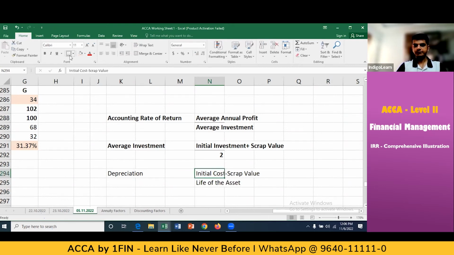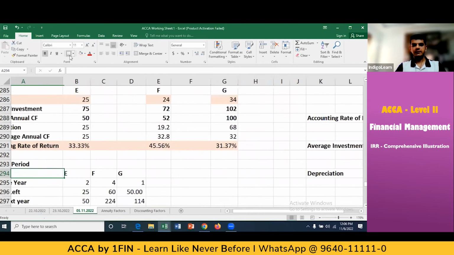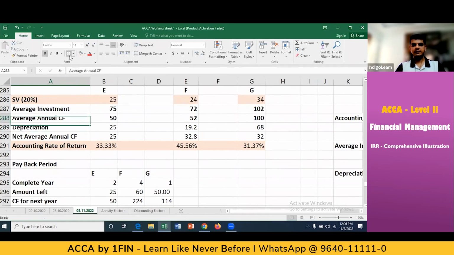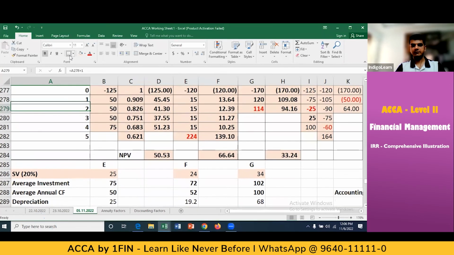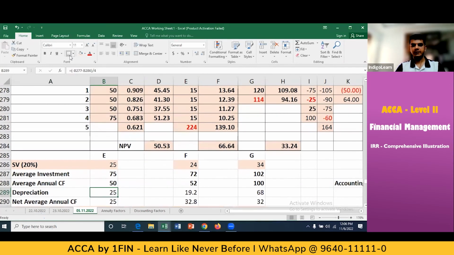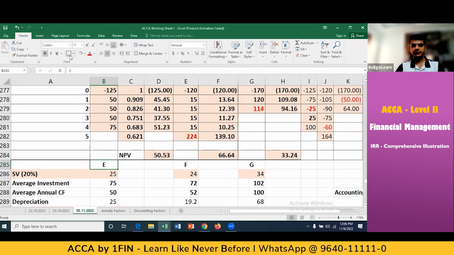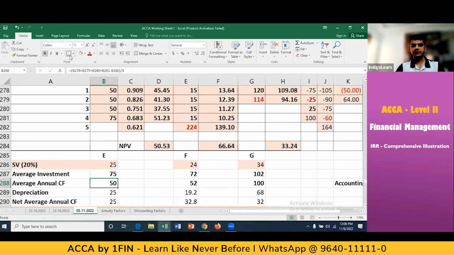This is the formula for depreciation. Now, how to calculate depreciation is simple. Initial investment we know for all the projects. Here it is 125. Scrap value is 25.